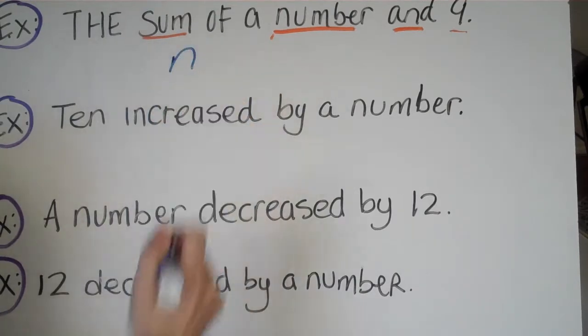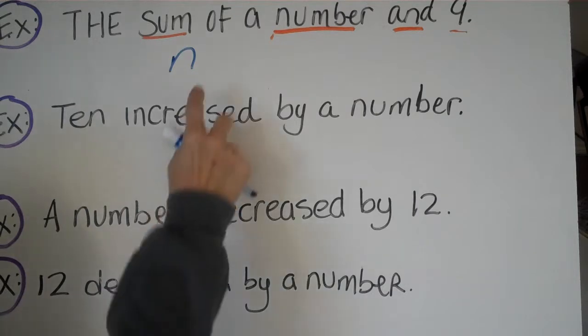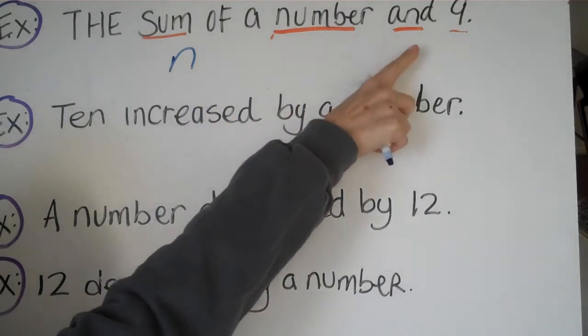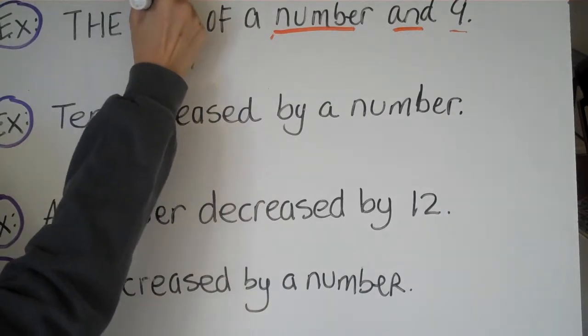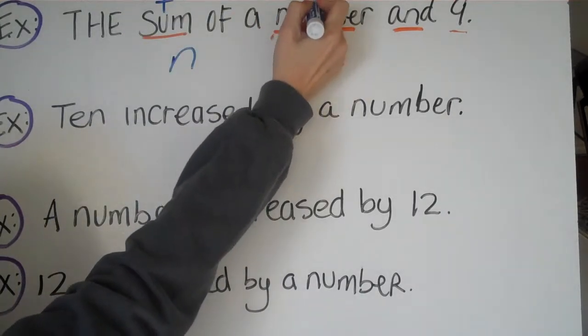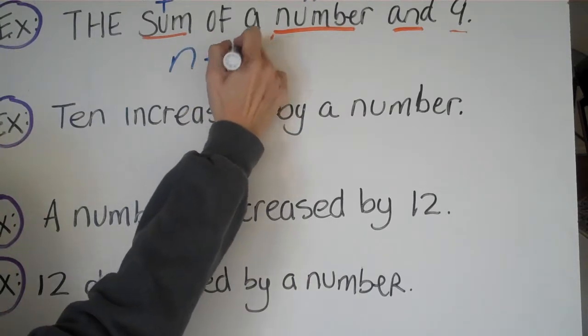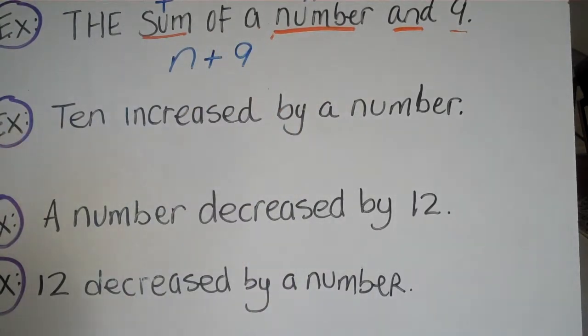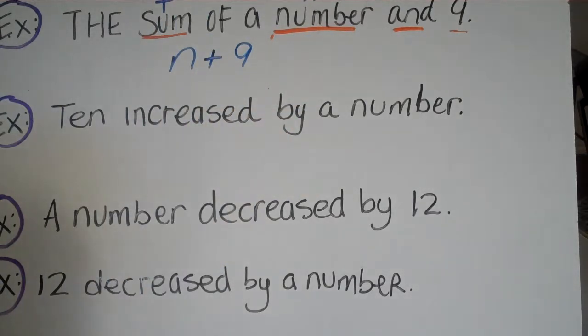We can represent number with n or x or any variable. Sum is plus, right? Number could be an n, and 9. So it would just simply be n plus 9. That's it. So you're basically looking at the key words, putting the symbol over them, and then trying to put it into an equation.